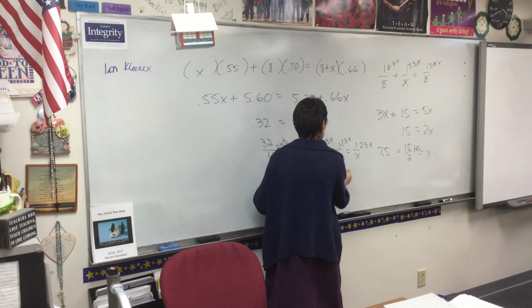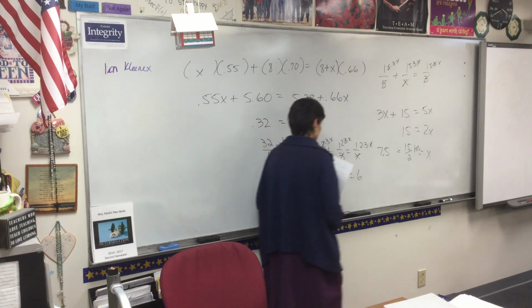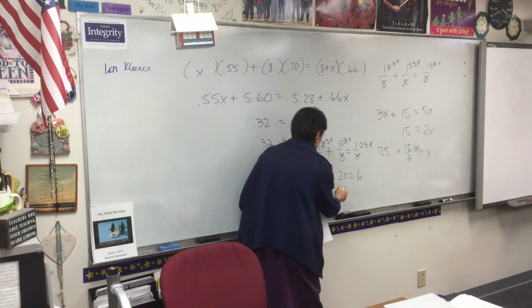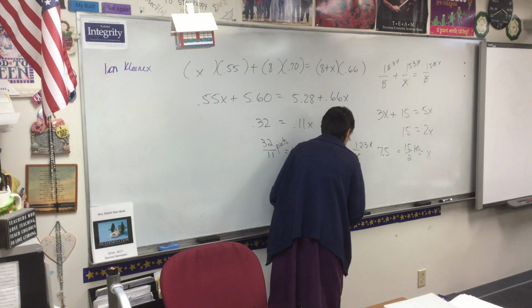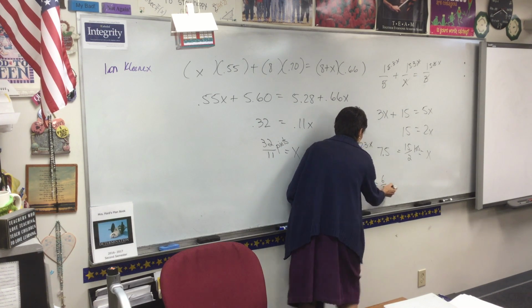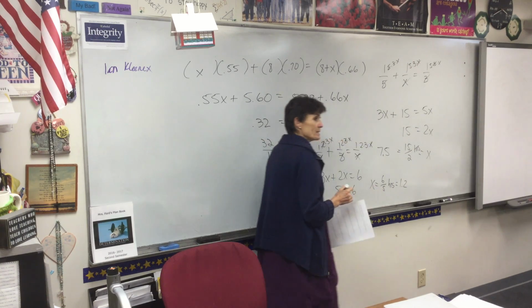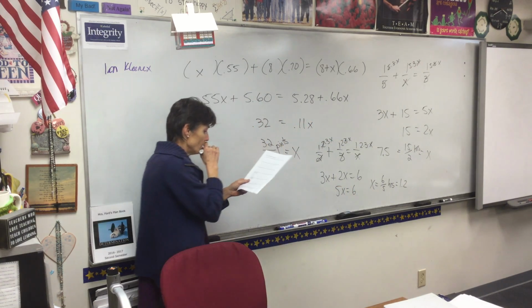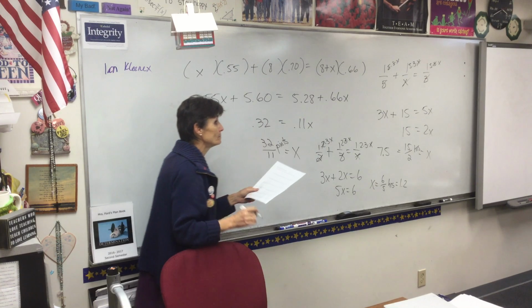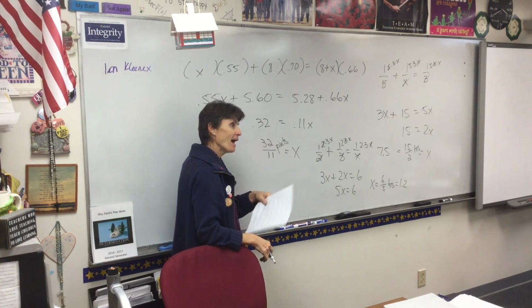So 3X plus 2X equals 6. Yep. So 5X equals 6. And X equals 6/5 hours, which I think is 1.2 if you did decimally. Is that a test? What? That was a quiz question. It was? Got it right. I'm glad.